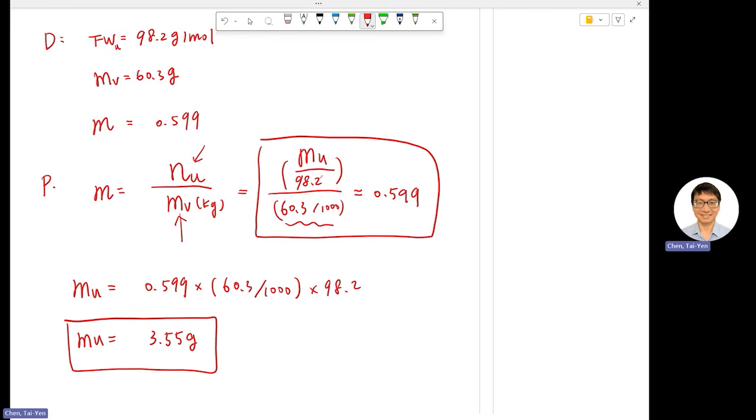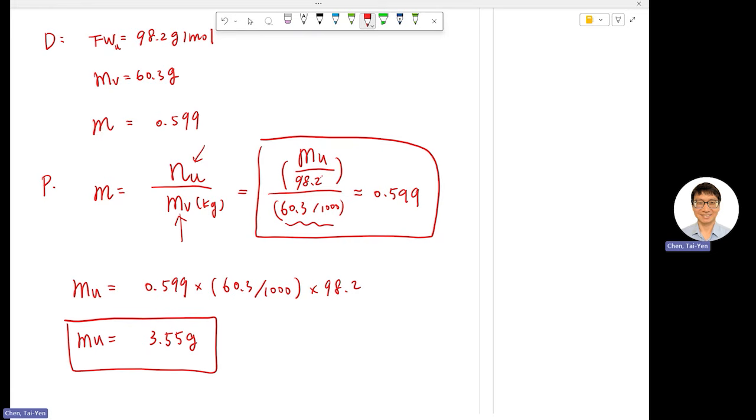Let's do a quick recap. How do I solve this one? First, I already know what I'm trying to solve for. That's always needed. You need to be very clear about who is the solute and who is the solvent. Then from the data that you know, you have the formula weight of your solute and the mass of your solvent, and you know the concentration is molality. Then you start from the definition of molality, putting in all the information that you know.